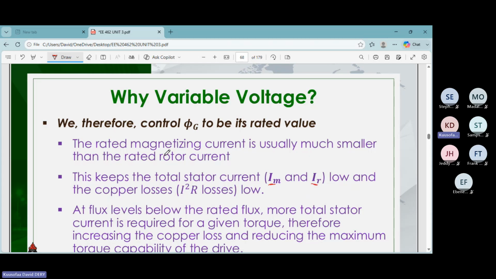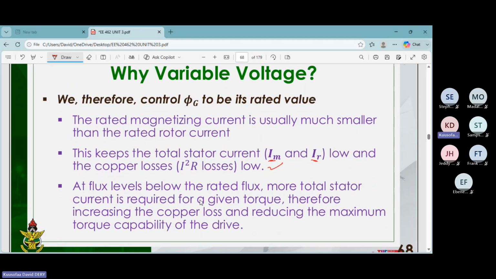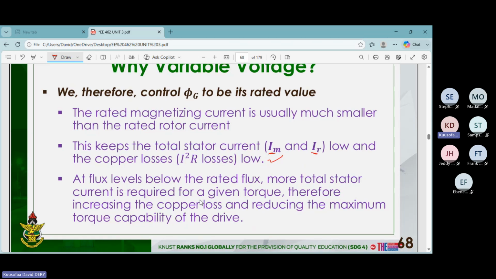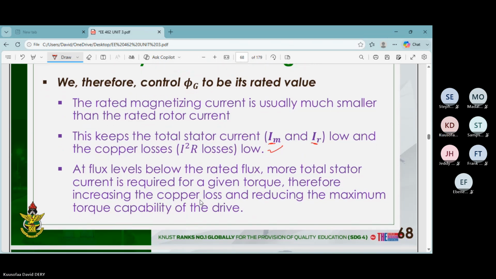So the losses will also be low because of the low current that will flow. So at flux level below the rated flux, more total stator current is required for a given torque, therefore increasing the copper losses and reducing the maximum torque capability of the drive.